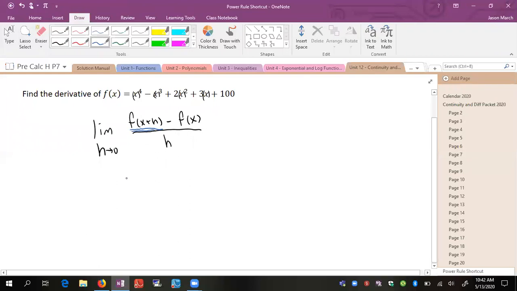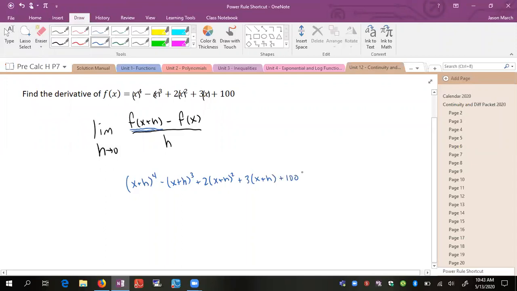So f of x plus h is going to look as follows. x plus h to the fourth minus x plus h to the third plus 2 parentheses x plus h squared plus 3 parentheses x plus h plus 100.